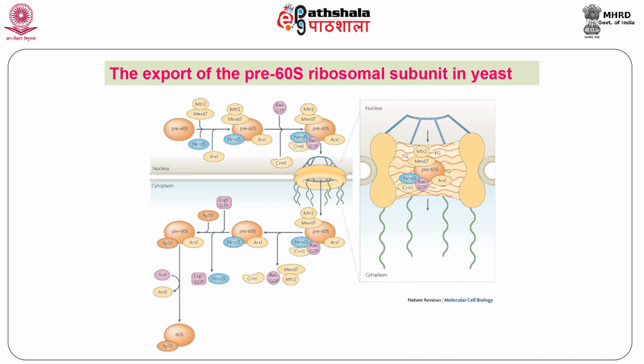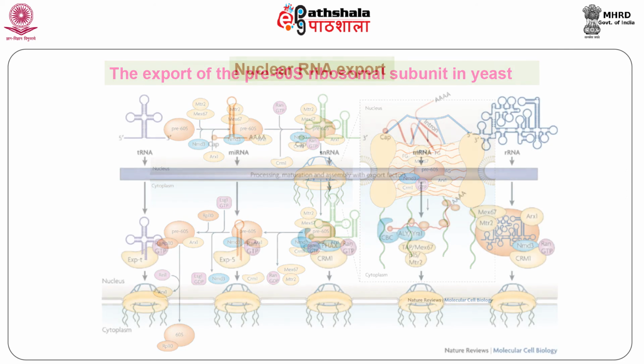ARX1 might be dissociated by the release factor REI1. Export receptors are seen as yellow, adapters are seen as blue, and dissociation factors are shown in violet color.